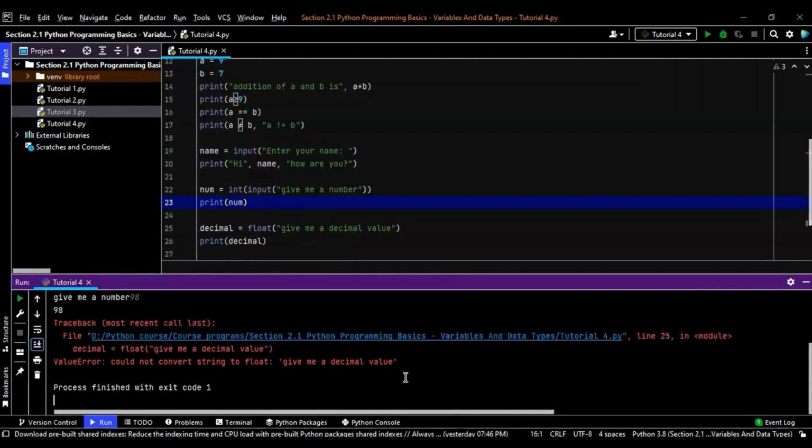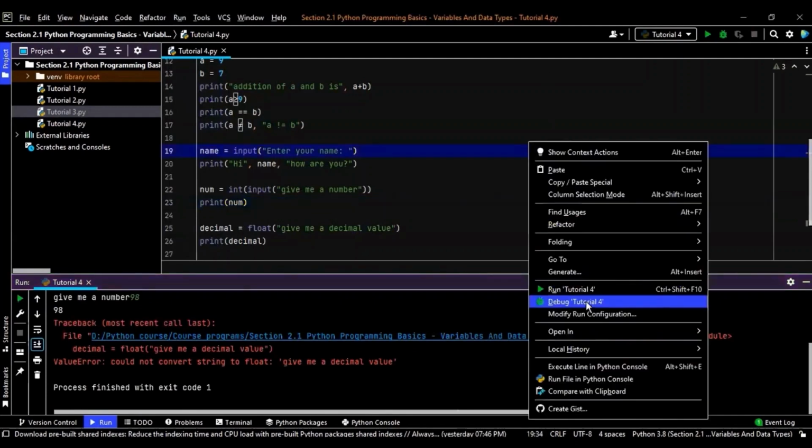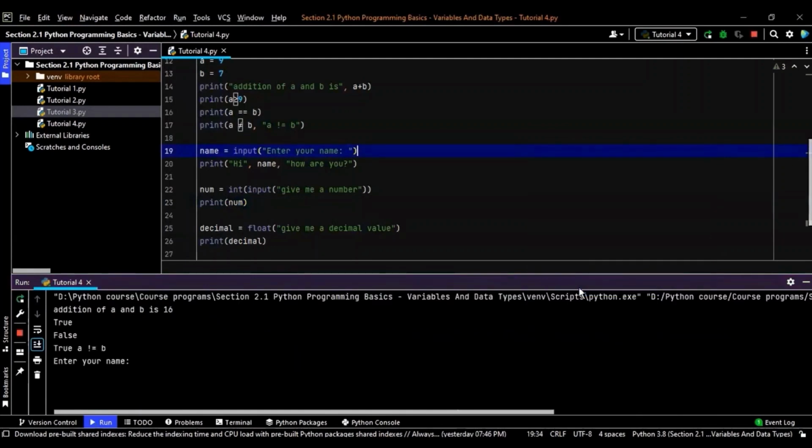So that is the reason it could not convert it. That was a value error. If you do not give any value, it will again give you an error. So let me run one last time over here, and give me a number 4.